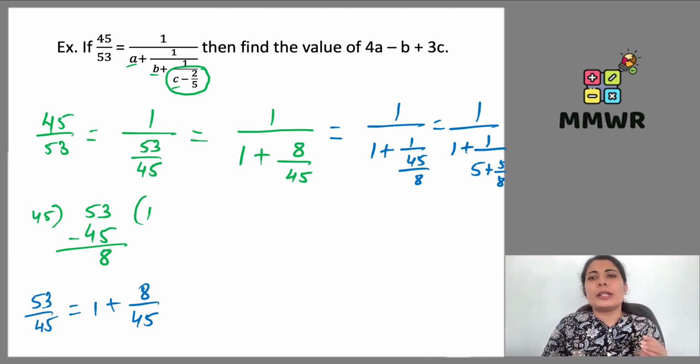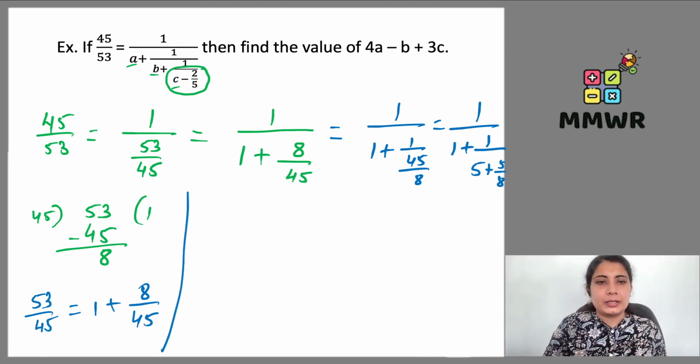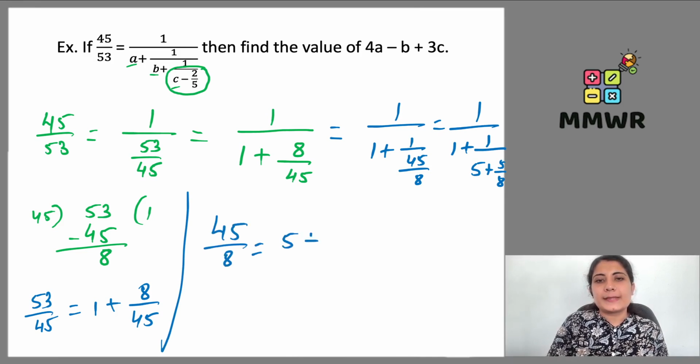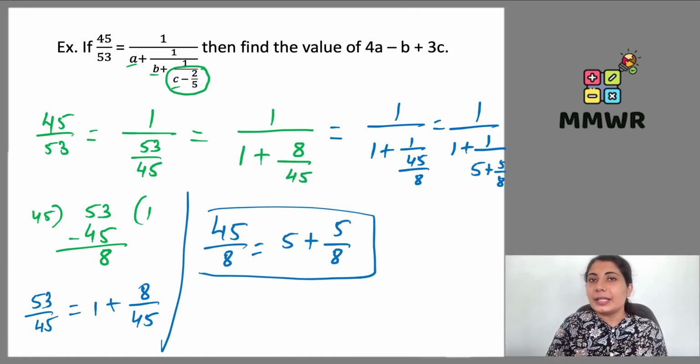So 1 upon 1 plus 1 upon 5 plus 5 upon 8, right? 45 upon 8 we wrote as 5 plus 5 upon 8 this way. If I divide 45 by 8, 8 fives are 40, and the remainder is again 5. So 5 plus 5 upon 8.